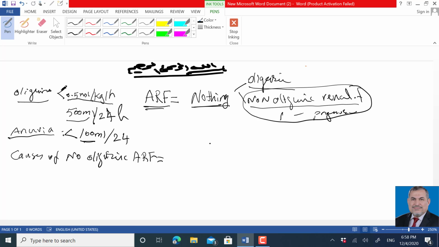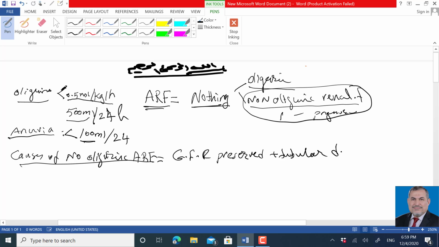This means the glomerular filtration rate is preserved despite tubular dysfunction, and then we get non-oliguric renal failure. Okay?